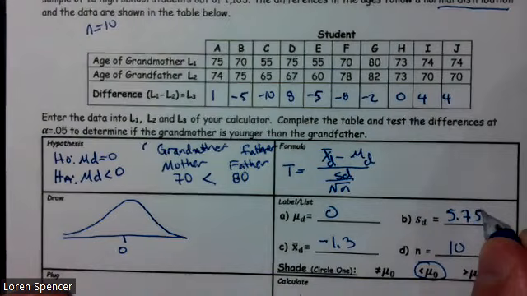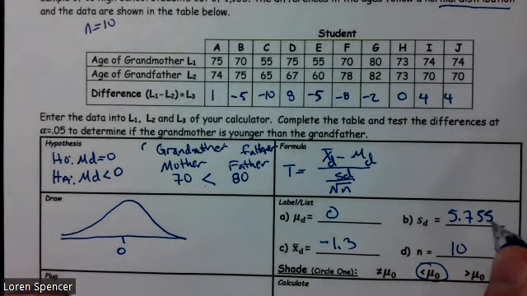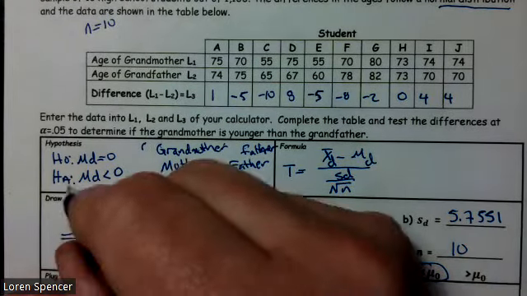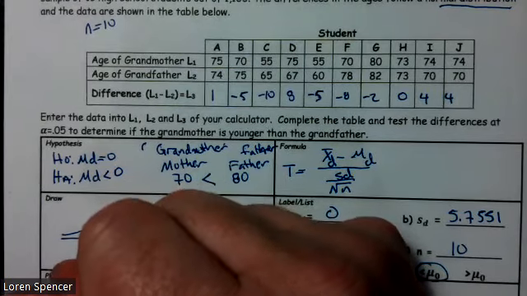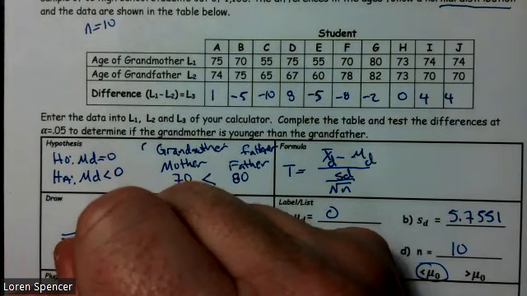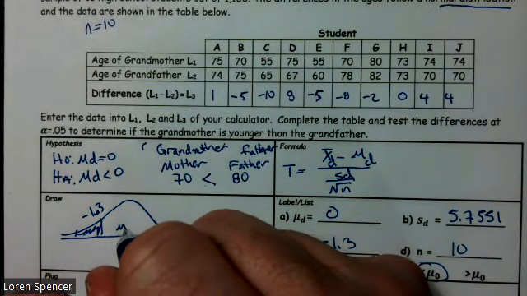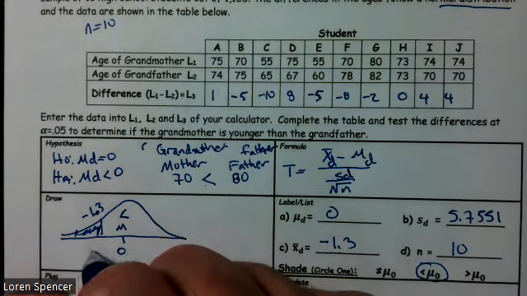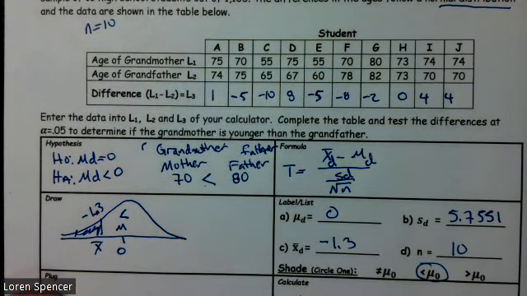Make sure you choose the one with the S because we calculated that using sample data. So this right here is negative 1.3. That's my mean. We have a less than. And this is my x bar.